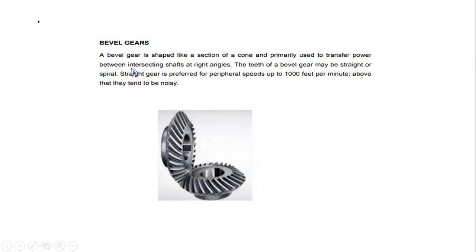Next, come to the point, bevel gears. All of you see the transmission of power from vertical direction to horizontal direction. All of you have seen that for closing and opening of large rolling shutters in many shops and showrooms, they use very large rolling shutters.